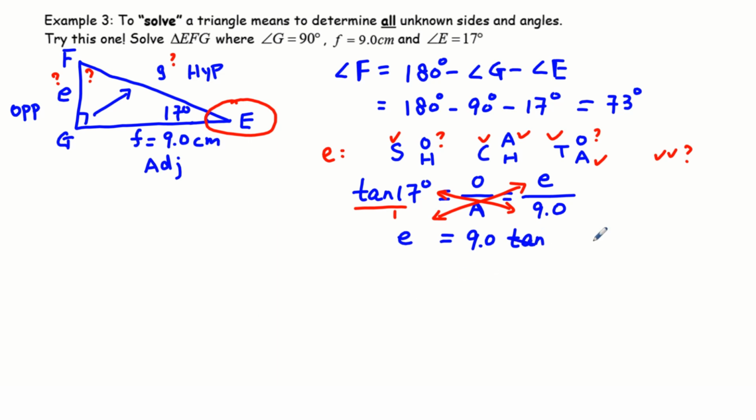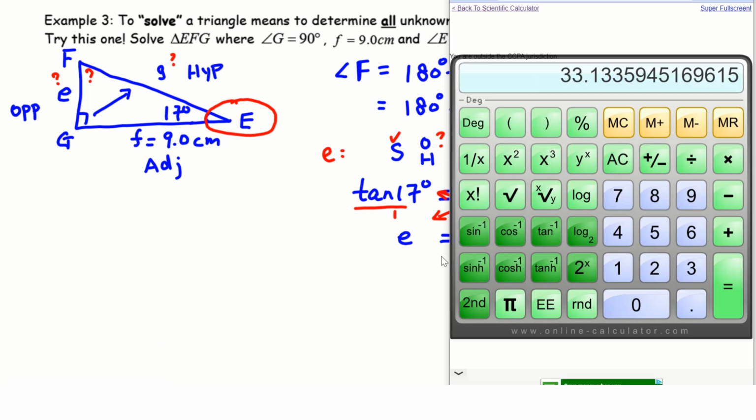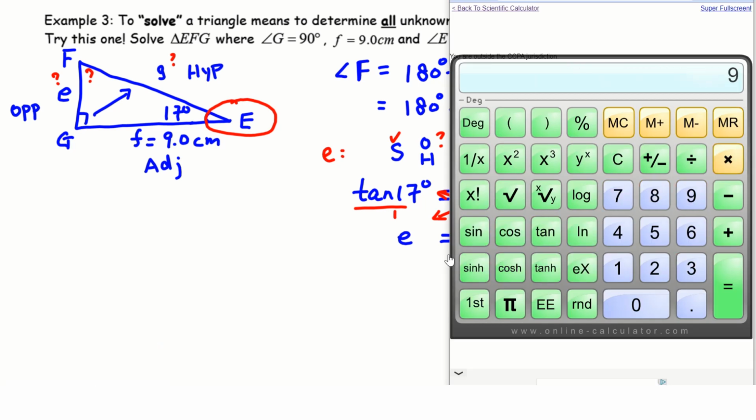Then use your calculator to find out the answer. So 9 times tan 17, this one is not inverse, and that equals 2.75.